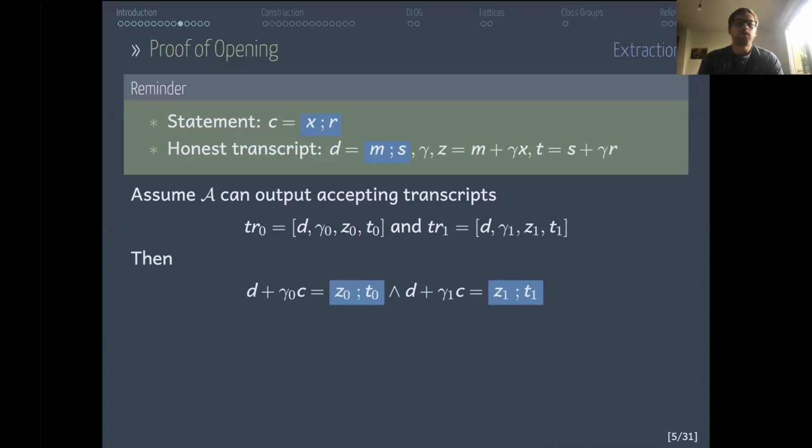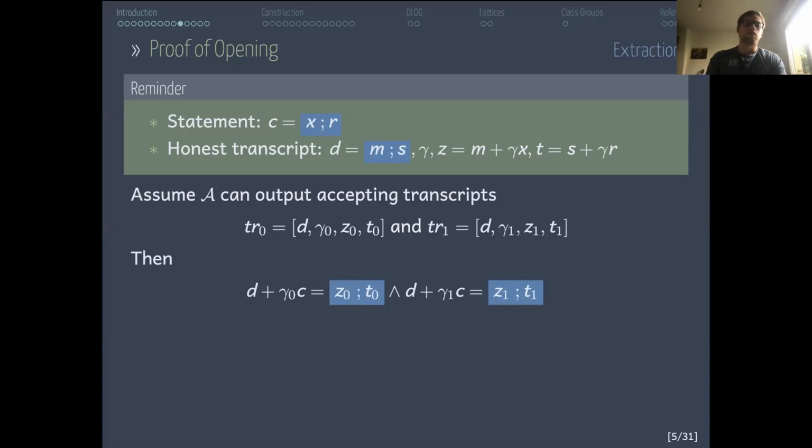First of all, from the verification, the verifier checks both of these, for each transcript separately. The verifier would check these relations, so whether the linear relation between the witness, the mask, and the challenge holds inside the commitment.